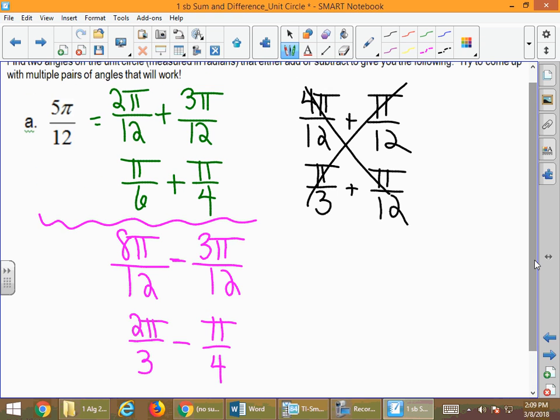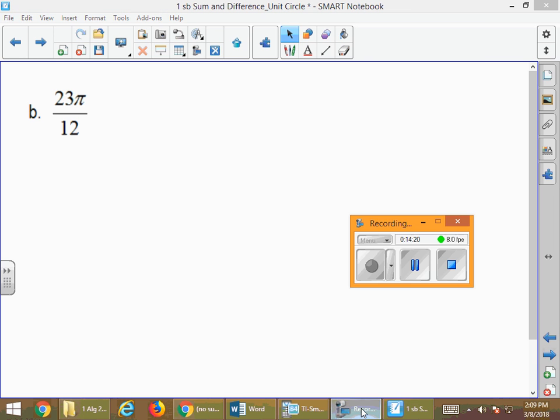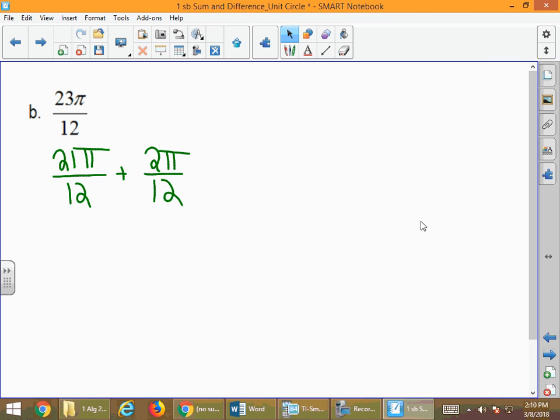And if we get it wrong, that's okay. Let's try another one, like 23 pi over 12. Somebody volunteered here to try one, and he said 21 pi over 12 plus 2 pi over 12, and definitely 21 plus 2 is 23.